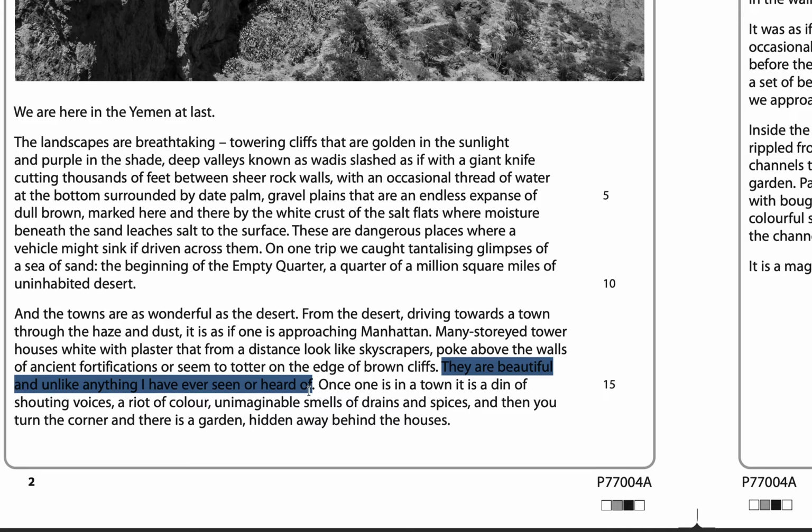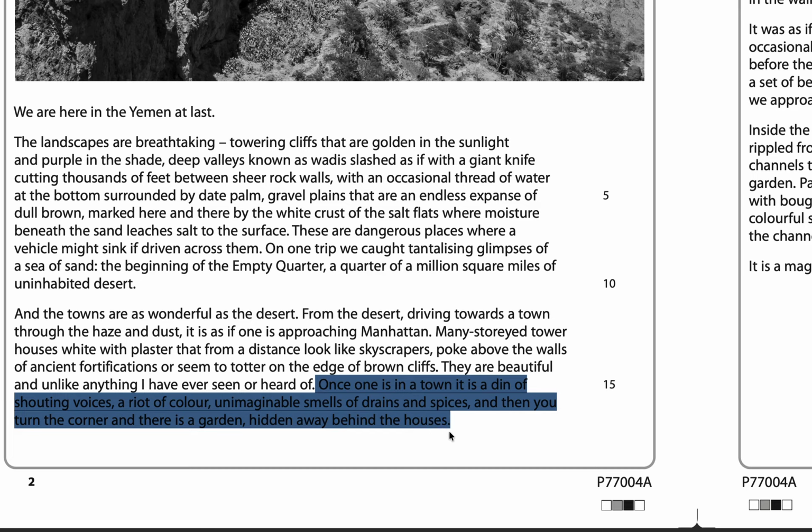We'll talk about this. Once one is in a town, it is a din of shouting voices, a weight of color, and oh my god, we cannot skip this. We can't skip this. Nope, we can't skip this. It's a beautiful thing.